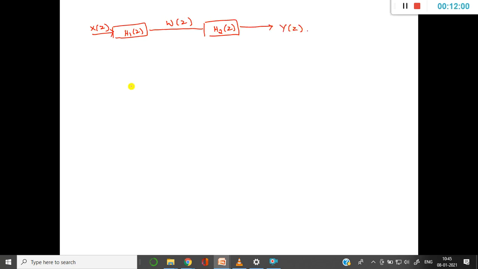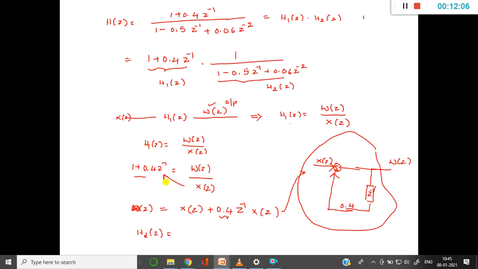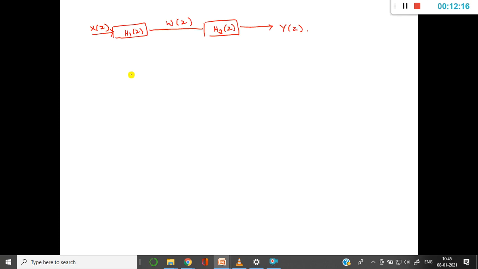Fine. Now H1 of z, this is implemented already, or once again I'll tell you how, from the equation itself. So W(z) is equal to X(z). Let me write the equations here once again.